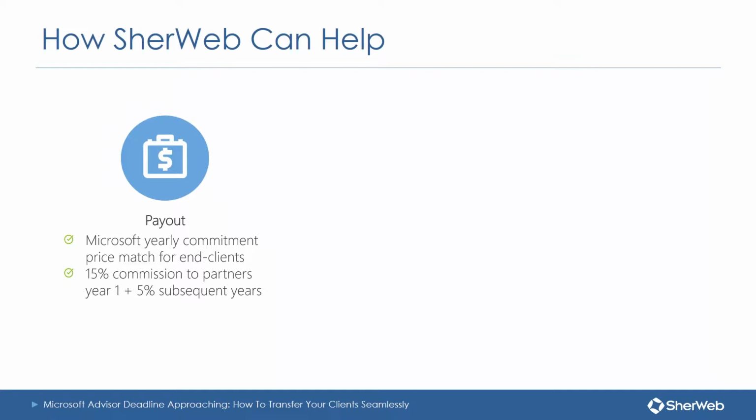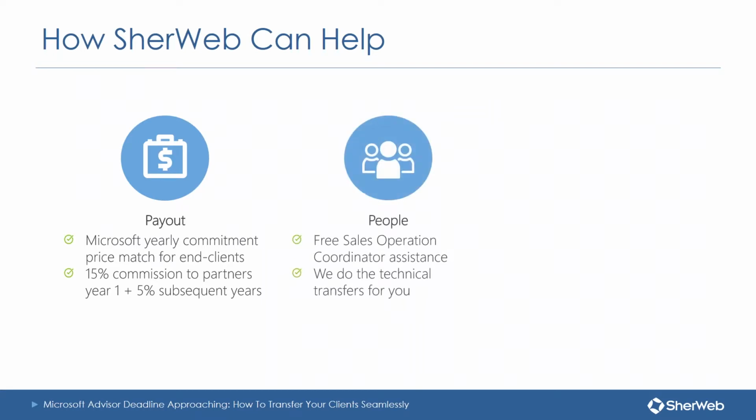So with that in mind, we've done our homework. We've created the tools, and we've trained the people to help you do this. So you have some extra money as well that you can get. The first year, you'll get 15% commission, and then lifetime, it's 5%. This is by matching the Microsoft price for your clients. Again, no impact to them at all. They're not going to see any price increase or anything like that. The only difference is that you are going to start making money on this.